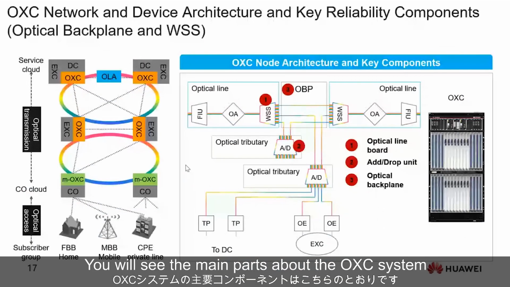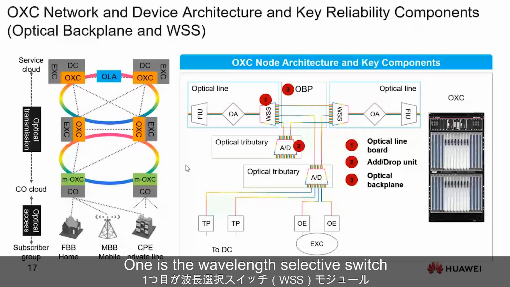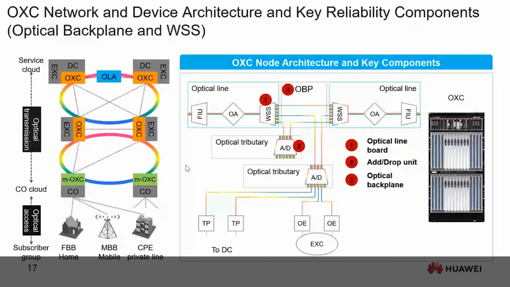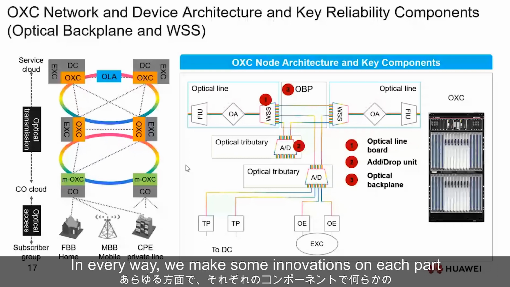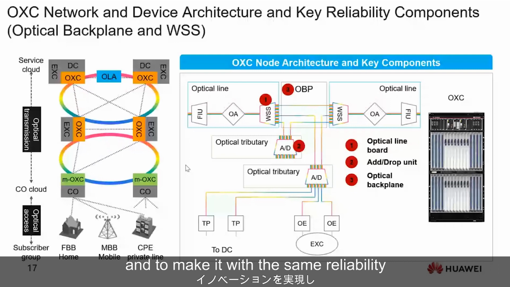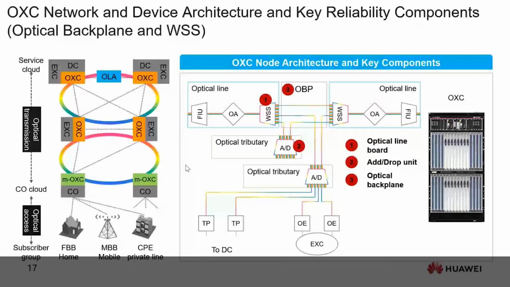You will see the main parts of the OXC system: one is the wavelength selective switches, second is the add/drop part, and third is the optical backplane. In every part we make innovations to keep the same reliability.